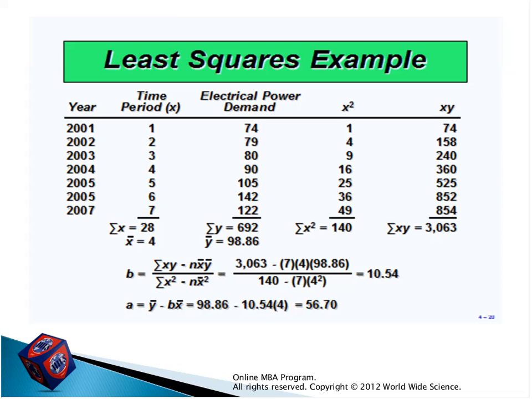This is year 2001, 2002, 2003, and the electrical power demand. For example, 74 megawatt was the actual electrical power demand for this company in 2001. In 2010, 79, and like this.